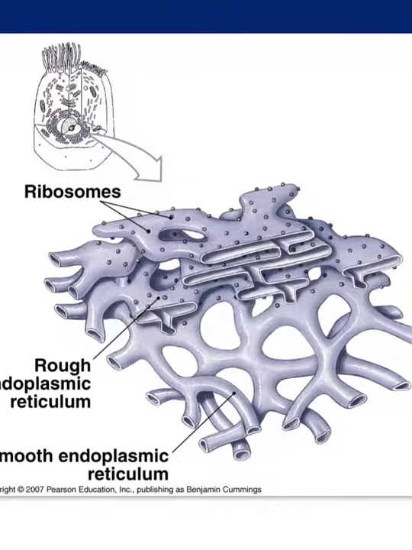The majority of the endoplasmic reticulum in the cell is rough endoplasmic reticulum. And in this picture you can see again these membranes are surrounding these sort of tube-like highways throughout the cell.